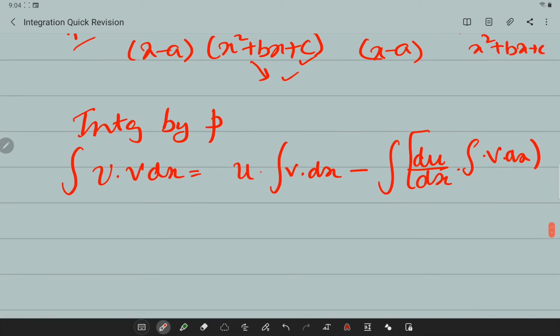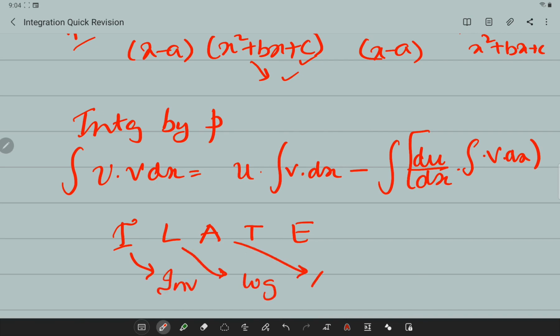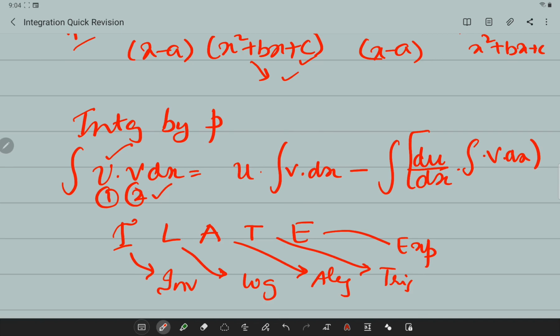So here you have to follow the ILATE mechanism, where I is the inverse, L is the logarithmic, A is the algebraic, T is the trigonometric and E is the exponential. Follow this order and decide which can be u and which can be v for your integration problems.